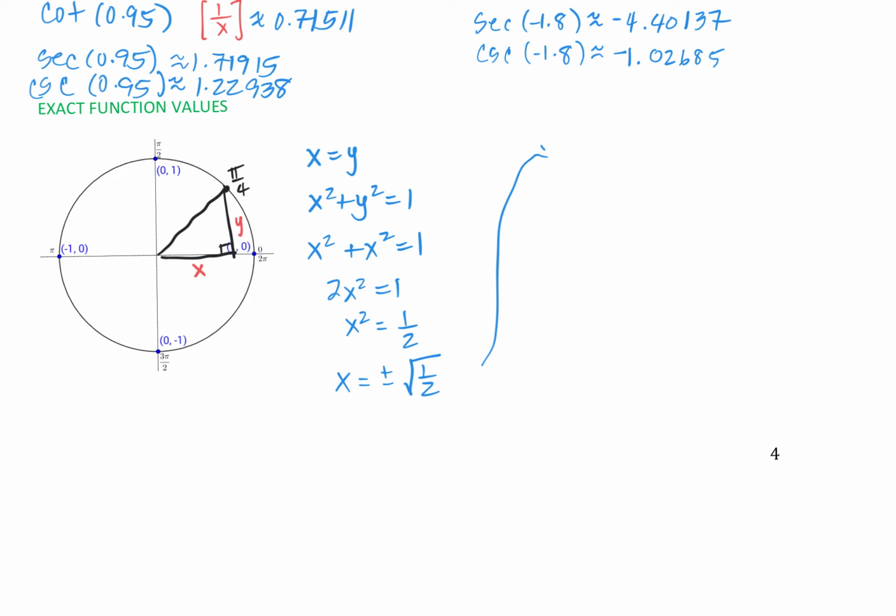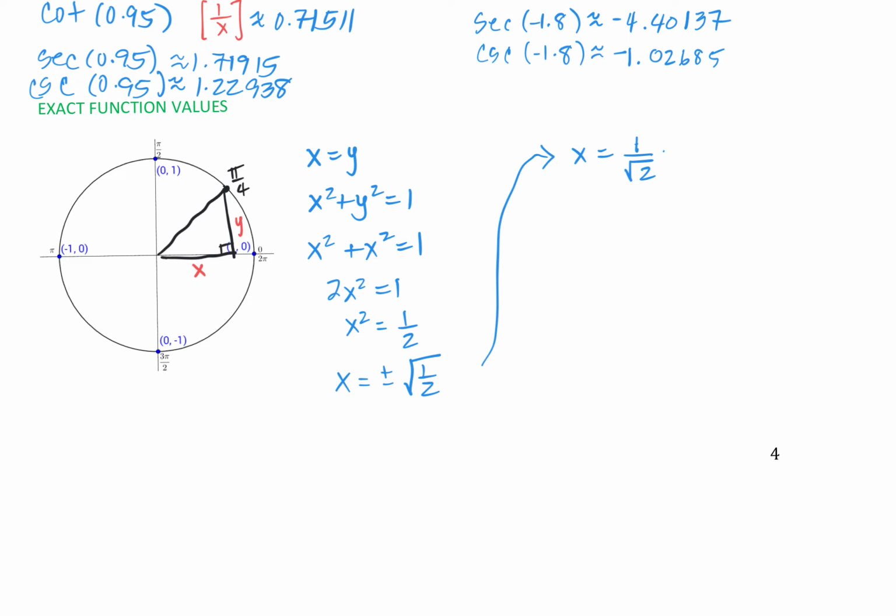So from there I can conclude that x is equal to a positive square root of 1/2, which is the same as 1 over the square root of 2. I didn't want to write the 1/2 under that whole square root. So that's going to be the x value at that point where the arc length is pi over 4.